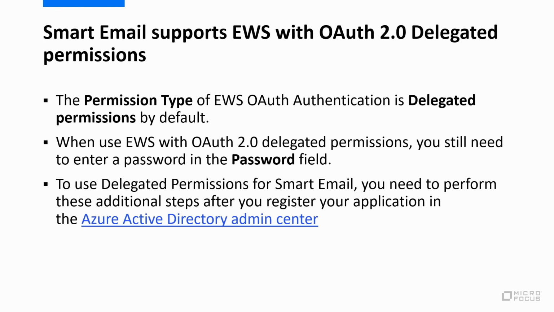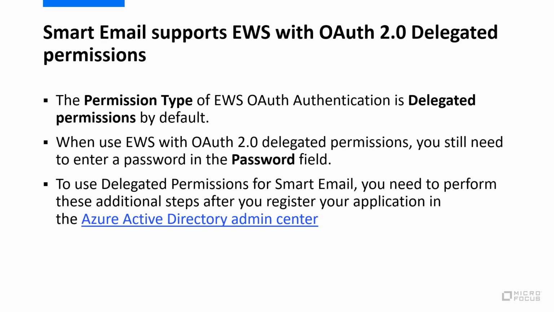So in order to provide a more secure protection here, we will start to support the delegated permissions type of EWS OAuth authentication, and we will make these permissions the default choice, and make sure the appropriate permissions can be aligned to this smart email integration.